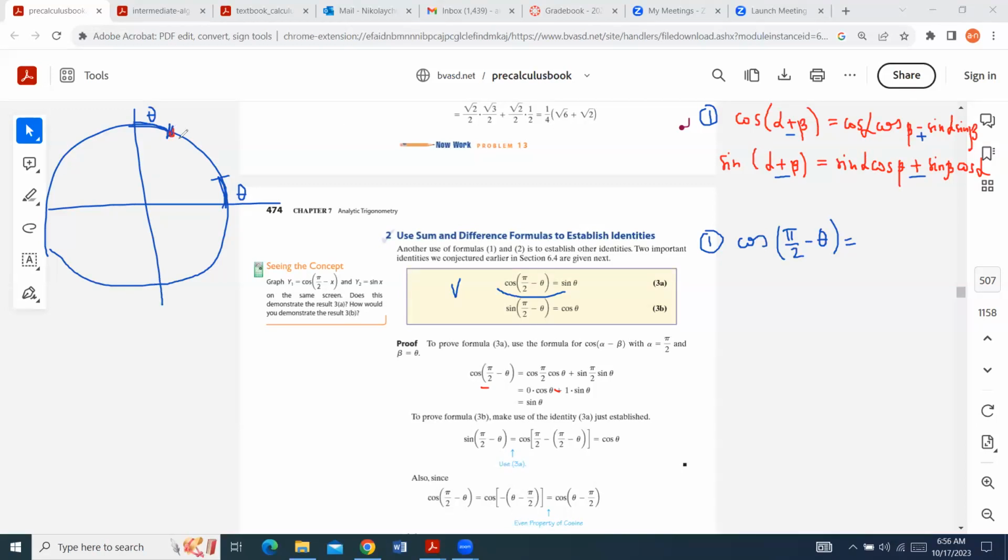So this angle will be here like that. Pi over 2 minus theta. Then we can consider the value of its cosine.